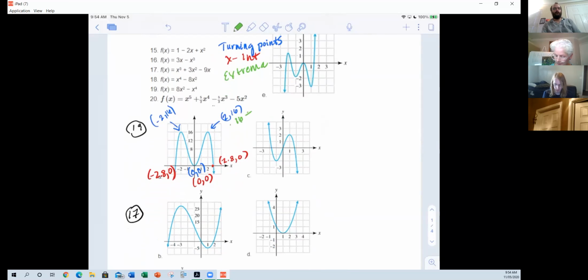This would be a local max and also an absolute max because it's the absolute top of the graph. And this would be a local min. But there is no absolute min because it keeps on going down.